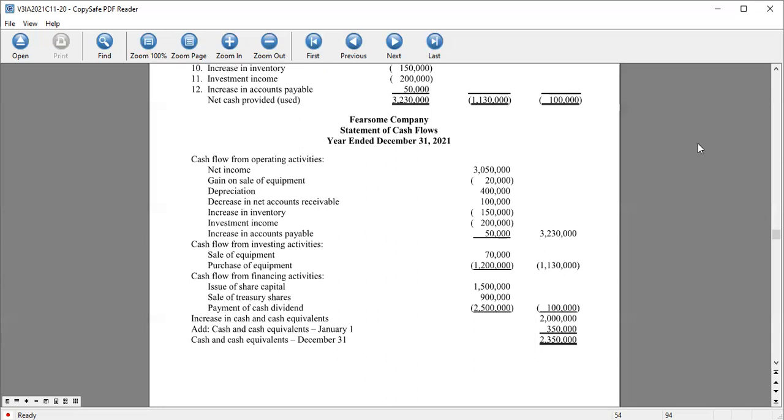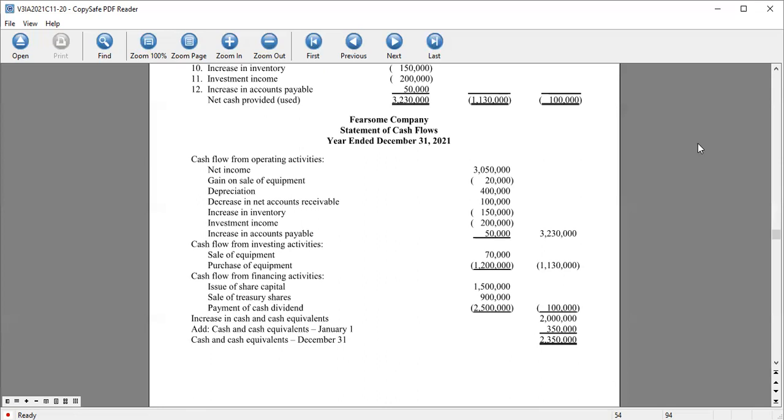And from financing activities, we have a net amount used of 100,000. So an increase in cash and cash equivalents of 2 million, and we add the beginning balance of cash and cash equivalents of 350,000.